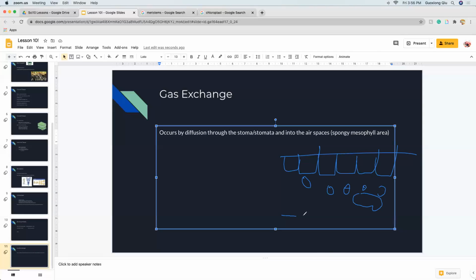And then we have your bottom layer, and then there are holes. Your CO2 comes in here, and it hangs out in the empty space between the spongy mesophyll cells. And then it goes in here and does photosynthesis.